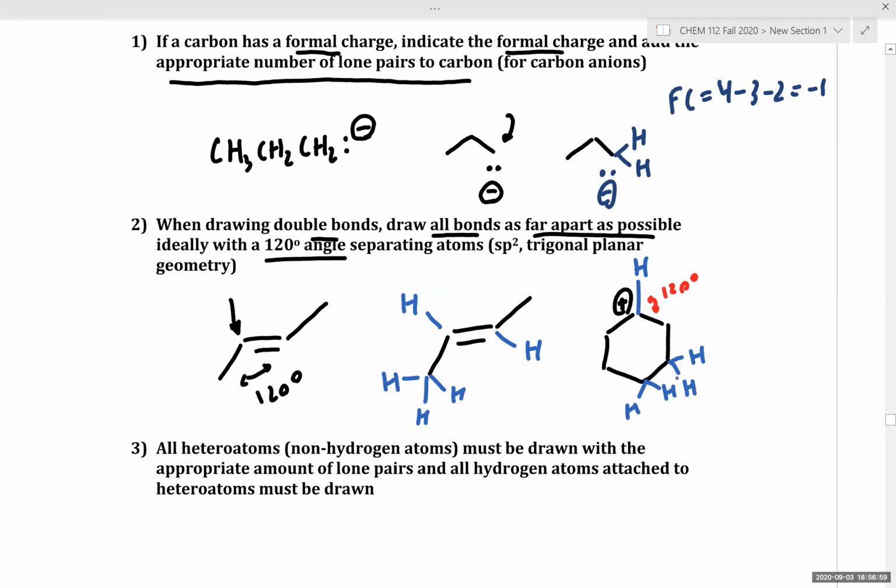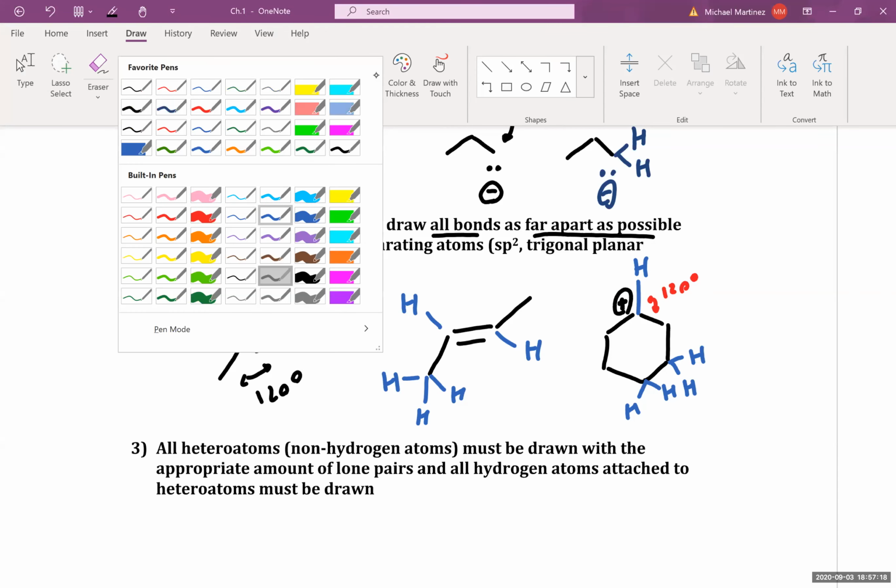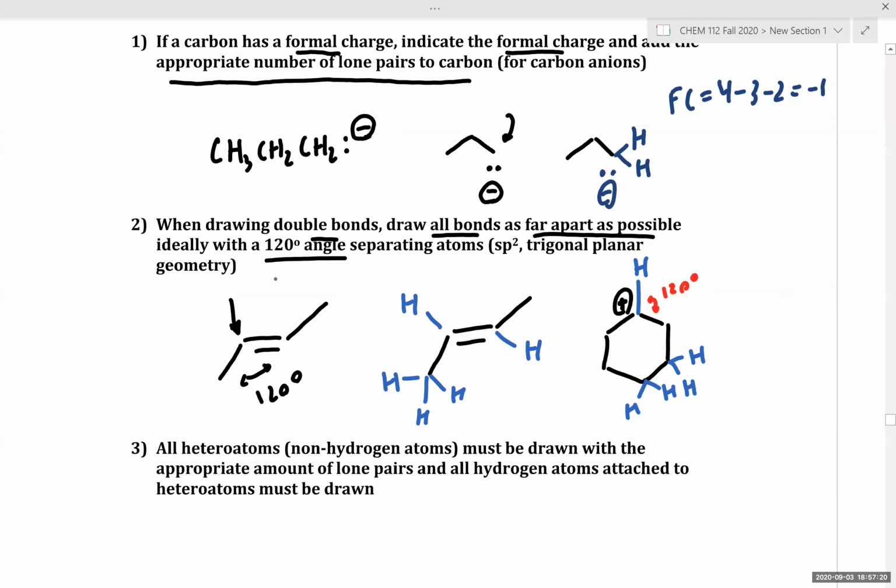Does everyone notice how the bond angles are different? Does everyone notice how the way the hydrogens are drawn is different for an sp2 versus an sp3? Yeah. And I know this seems a little nitpicky, but it will save you a lot of grief later on if you can more appropriately start drawing the geometries earlier on in the class.